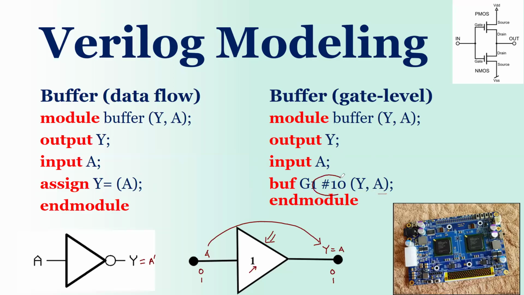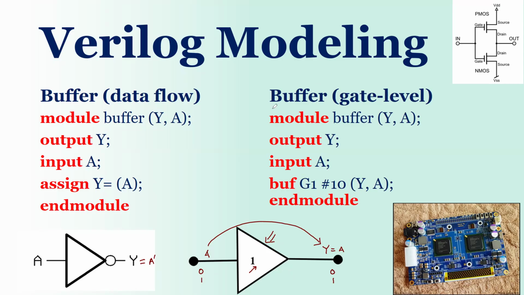Now what is this? In our previous model, we understood that this logic circuit will be implemented using transistors. So it has a propagation delay called PD, propagation delay. I am saying it has a propagation delay of 10 time steps. Those time steps could be nanosecond or picosecond.